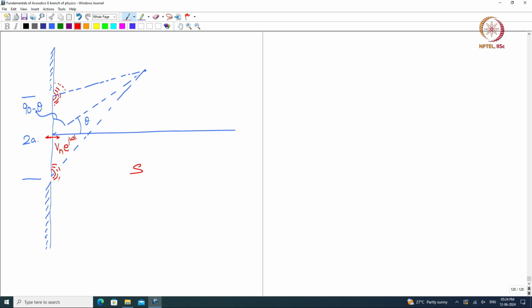That means as time goes by, this peak is moving at the speed of sound, and at a certain time the peak will hit the point, observer point off axis. This is the observer.